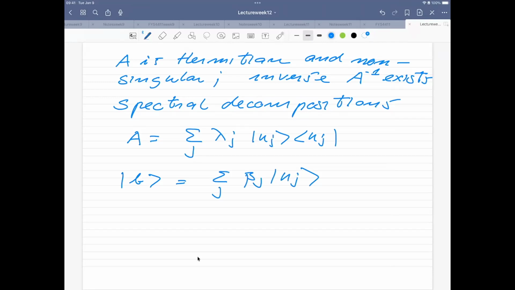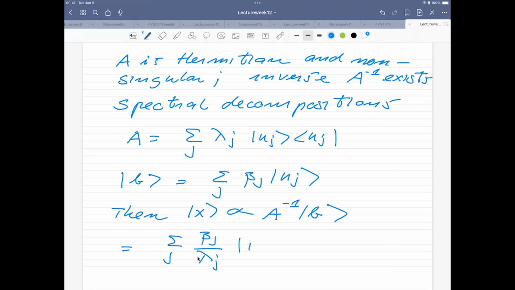So that means that this vector X is going to be proportional to A minus 1 times B. And this quantity is going to be equal, and I'm going to show you why this is the case, to the sum over j of Bj divided by lambda j, multiplied with Uj.